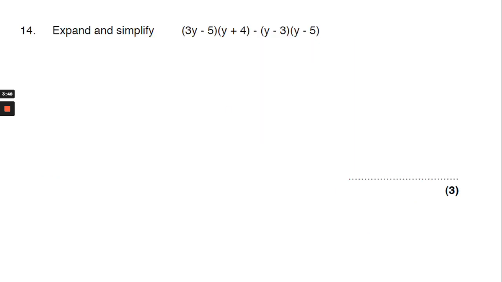Okay, so expand and simplify. We've got 2 double brackets which we want to try and expand and simplify. So just treat them as normal brackets, and then at the very end you're going to collect your like terms. So I'm going to use FOIL on both of them. First gives me 3y squared. Outer gives me 12y.